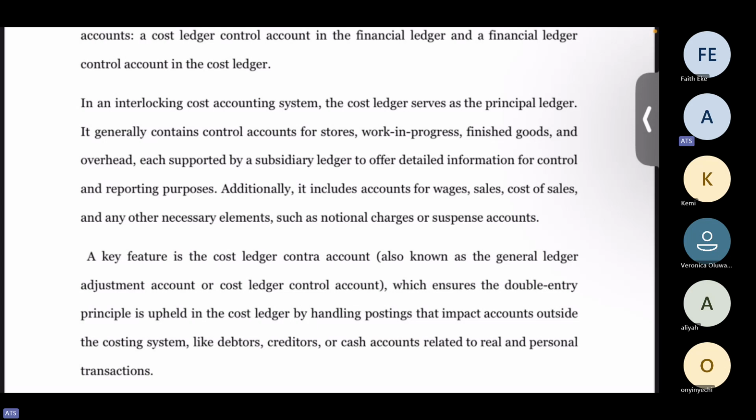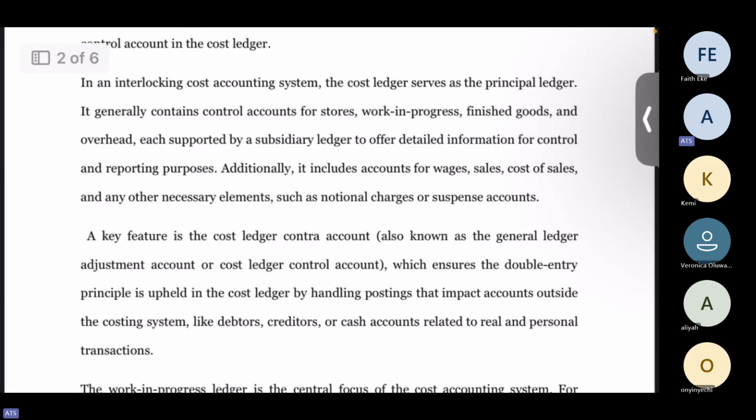These are the control accounts that are kept in a cost accounting system. So when you're preparing cost accounts, these are the major things that are prepared: your raw materials ledger, your work in progress control account, your production overhead control account, your wages control account.